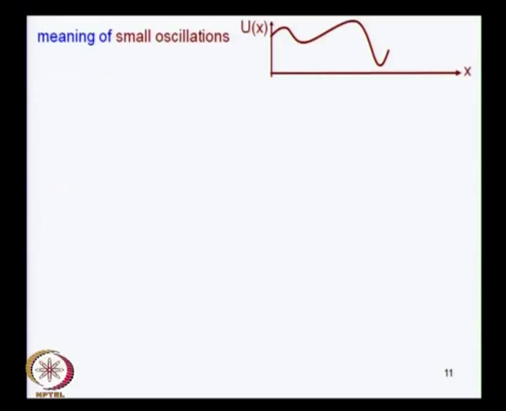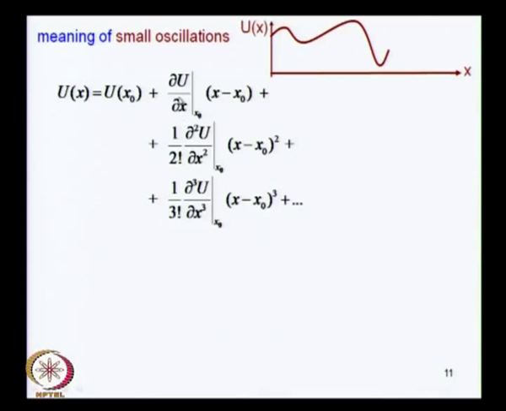We have to develop a quantitative estimate of this, because the shape is certainly similar, but not exactly the same. There are differences. So, what we will do is to expand this potential about the point of stable equilibrium, and if the function is analytical, if the function is continuous, it possesses continuous derivatives, then you can have an infinite power series, so that the function at a neighboring point x will be equal to the value of the function at the equilibrium point x0 plus the difference x minus x0 multiplied by the derivative of the function evaluated at the point x0.